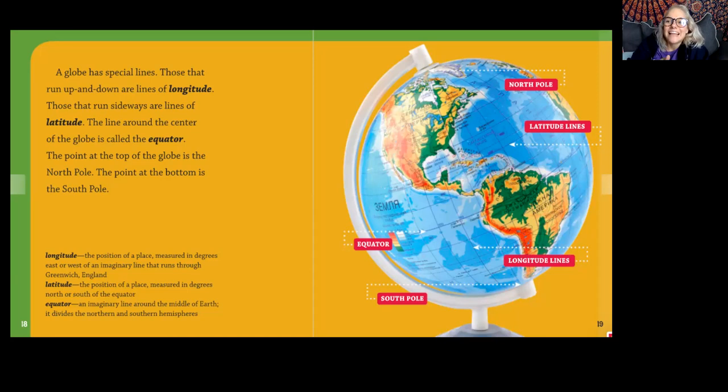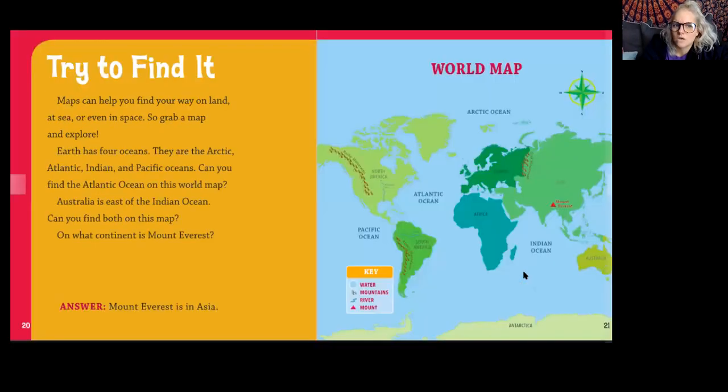Long. And then latitude, I think about lat. I don't know why, that's just kind of how I remember it. The line around the center of the globe, so right around, here's the equator. And then the north points and the south points are the North and South Pole, okay?